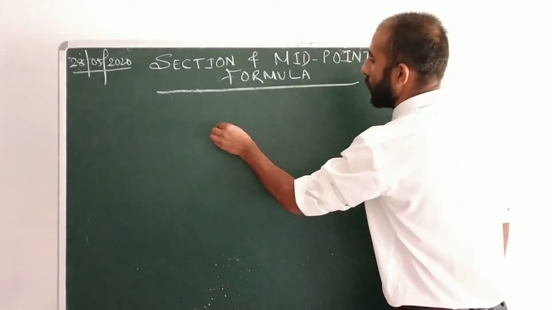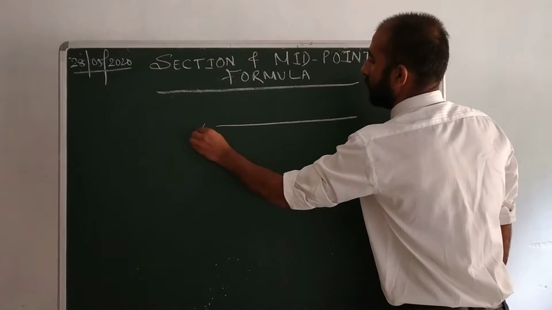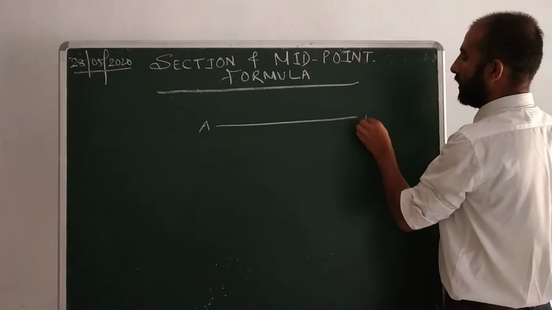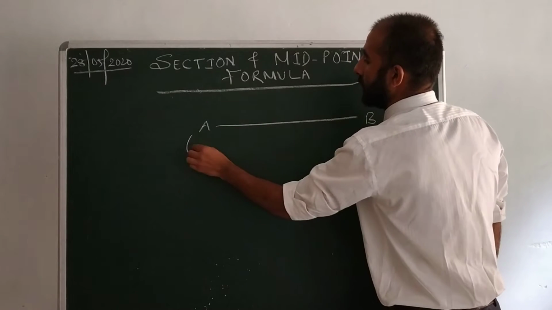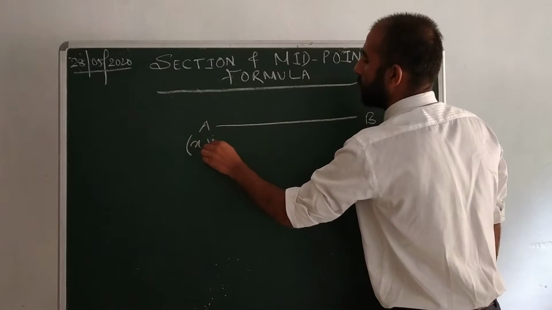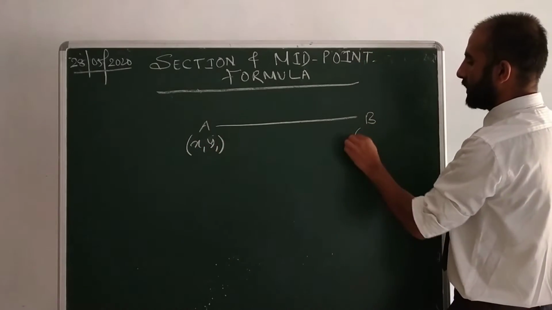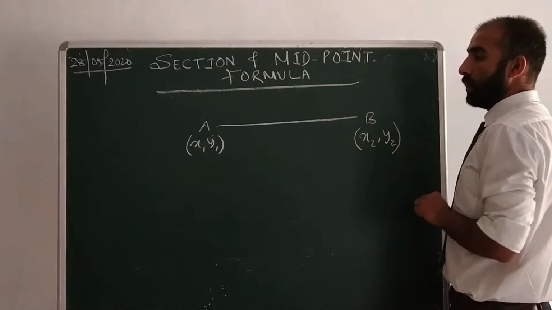Suppose you are given one line AB, where the coordinate of A is x1, y1 and the coordinate of B is x2, y2.